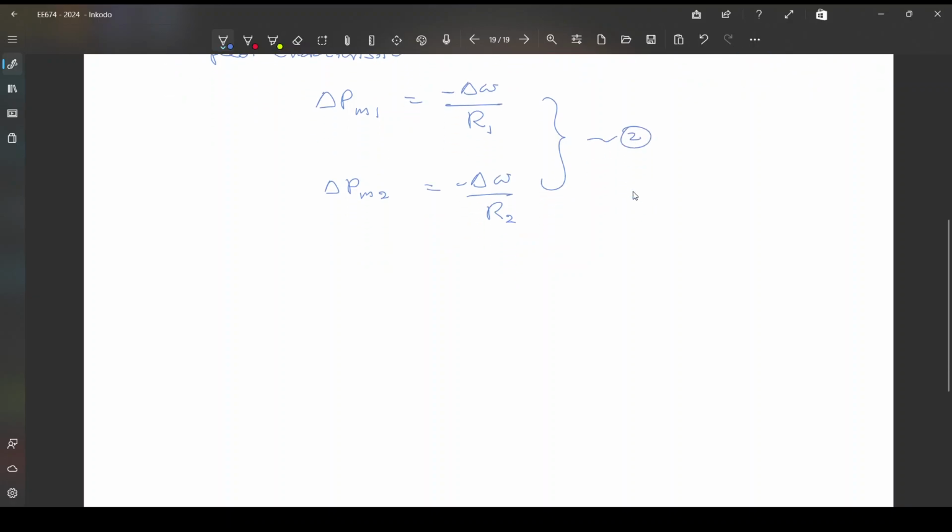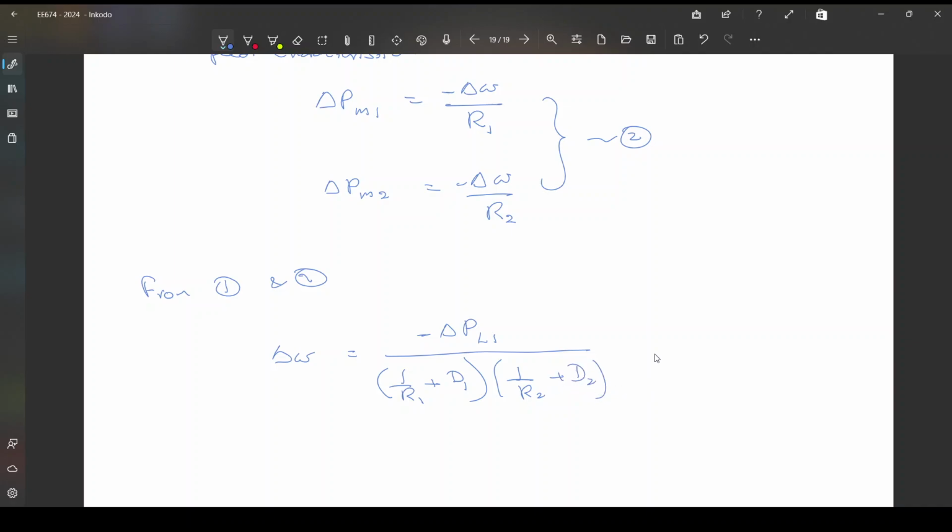From 1 and 2 we can write that delta omega is equal to minus delta PL1 over (1 over R1 plus T1) times (1 over R2 plus T2).